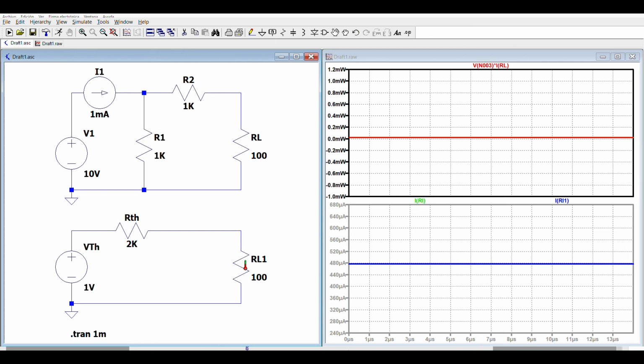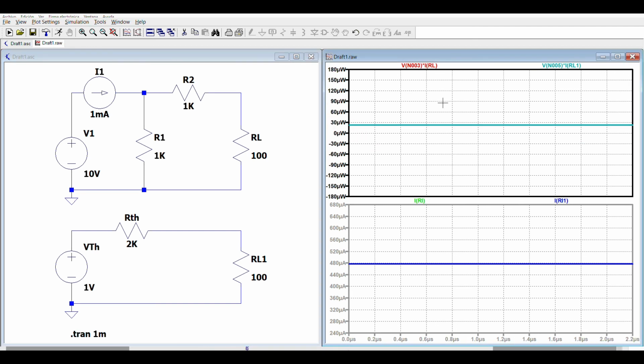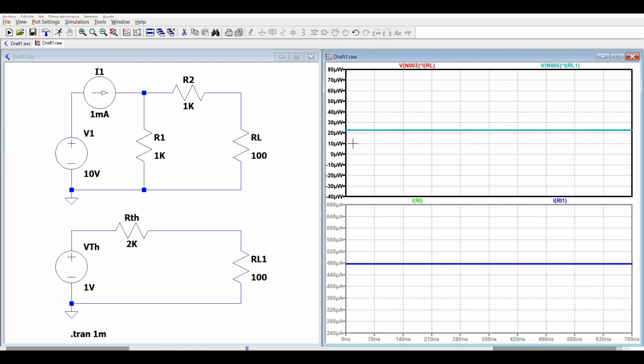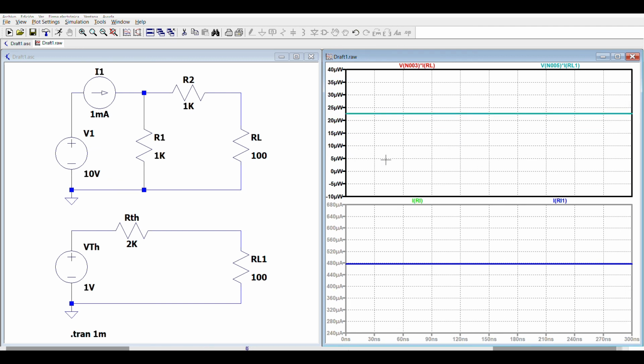The resistor on the top and the resistor on the bottom have the same amount of power. That is very small. We can zoom here just to see that we are handling microwatts, that is almost nothing. So that's it. Thank you.